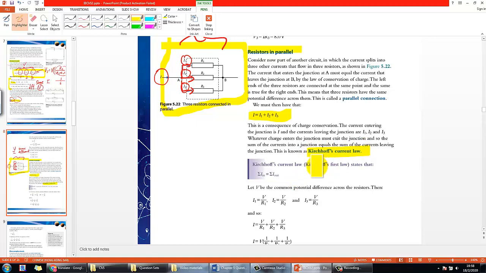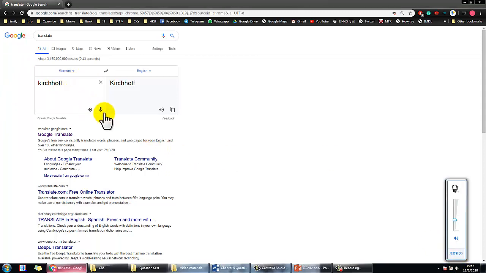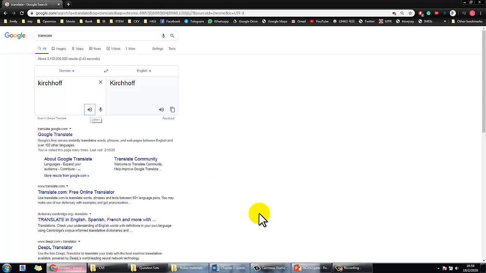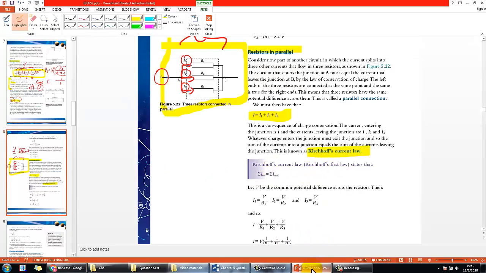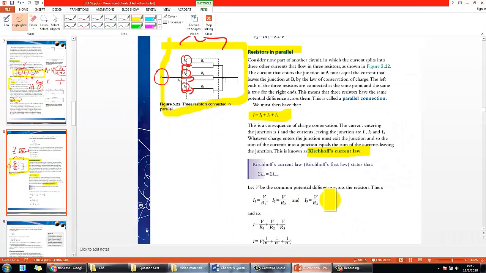I have been saying Kirchhoff's law, and I found out it's actually a German scientist, so the more original way of saying it should be more like this: Kirchhoff's law, or Kirchhoff's current law. But actually it doesn't really matter in physics how you pronounce it, as long as you know what we are talking about.